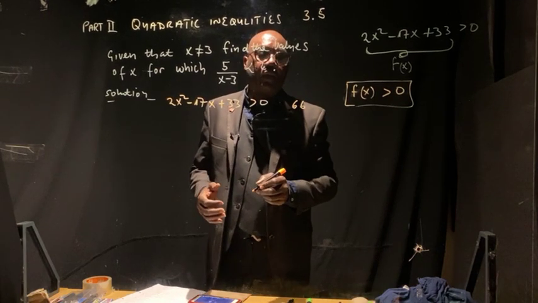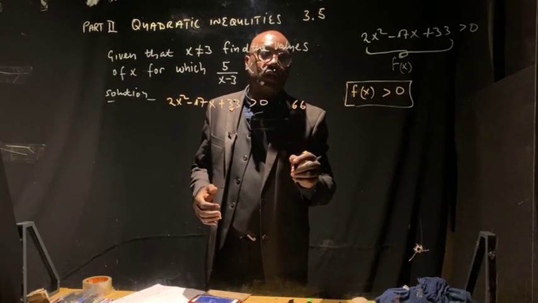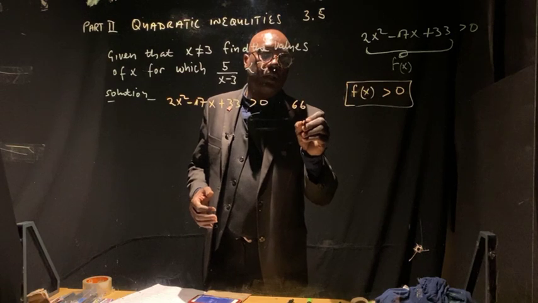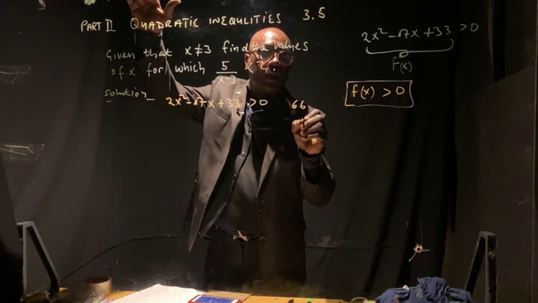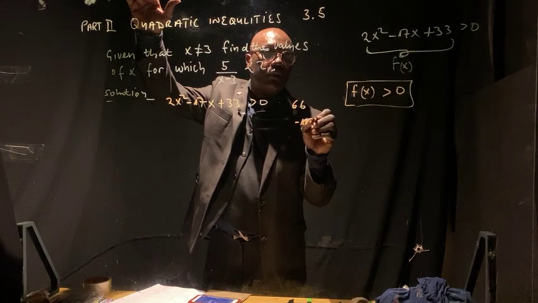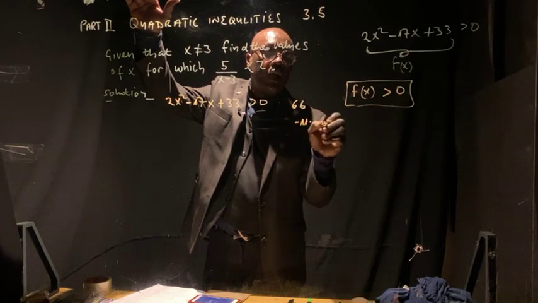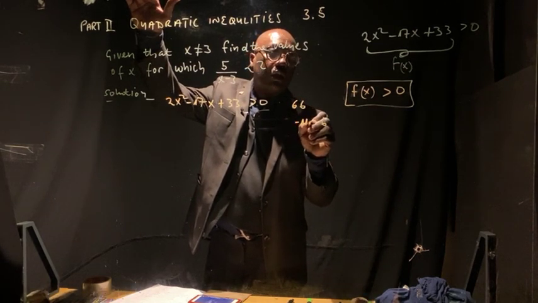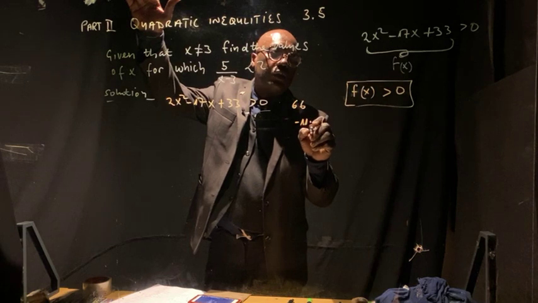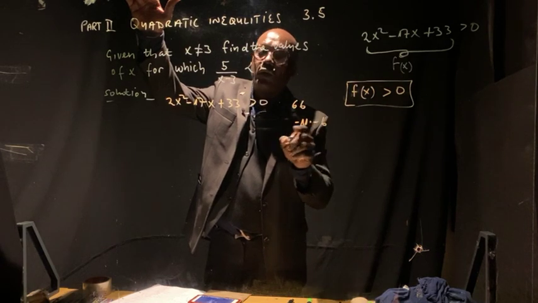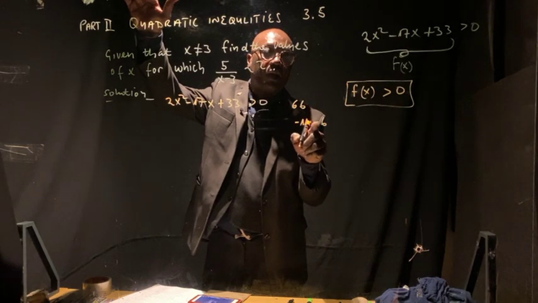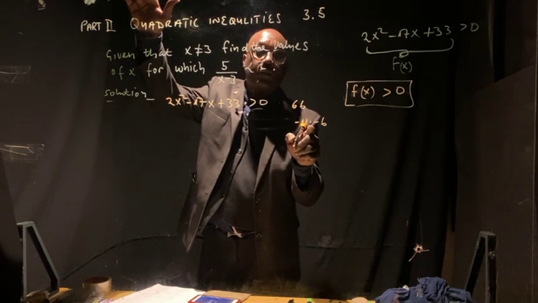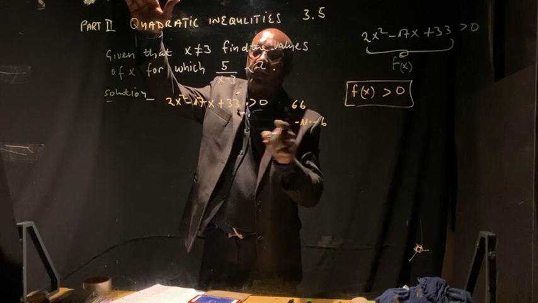But remember, 66 is also not different from minus 11 times minus 6. If we add minus 11 to minus 6, we'll have minus 17. This indicates that minus 11 and minus 6 are very good factors that we can use for this one.